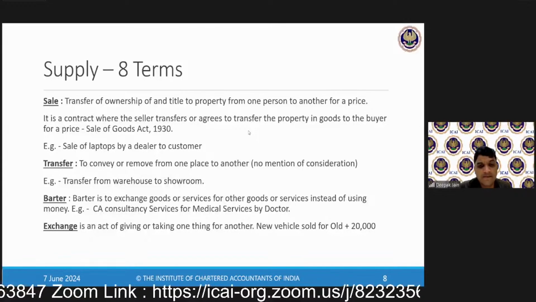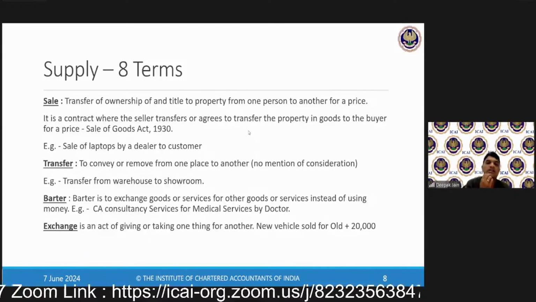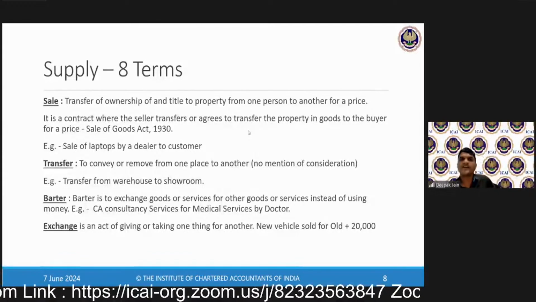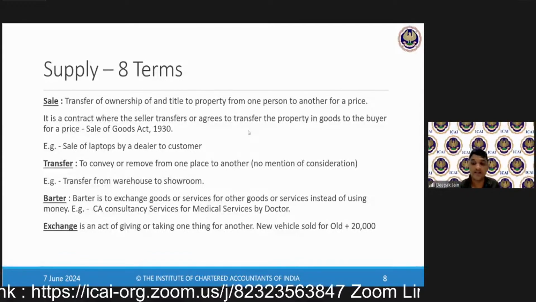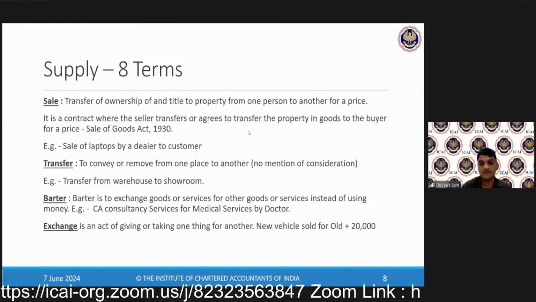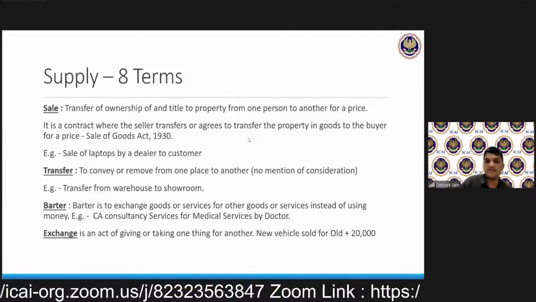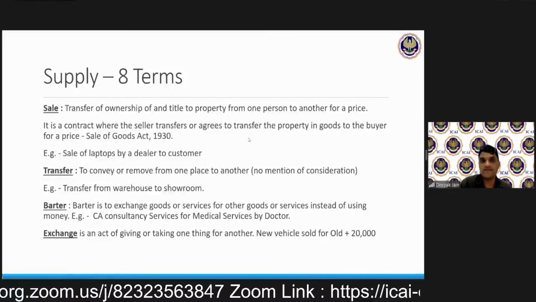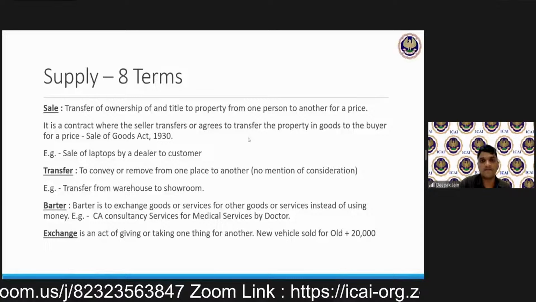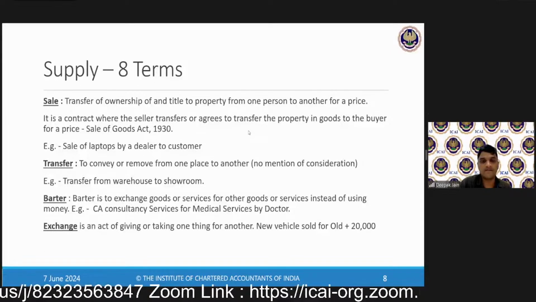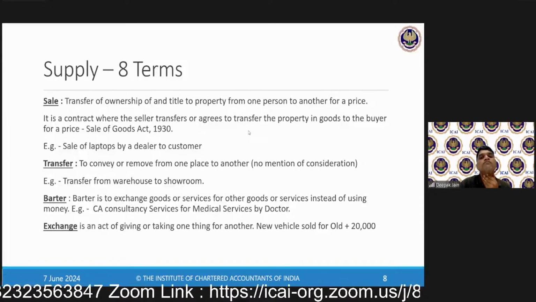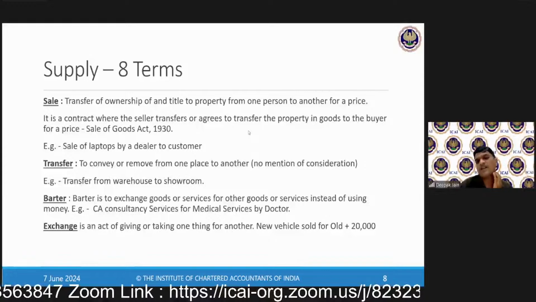Correct, Pooja. Your answer is right. Others, Preeti and Sumit, why do you say there is no sale in that transaction? Consideration is fine.